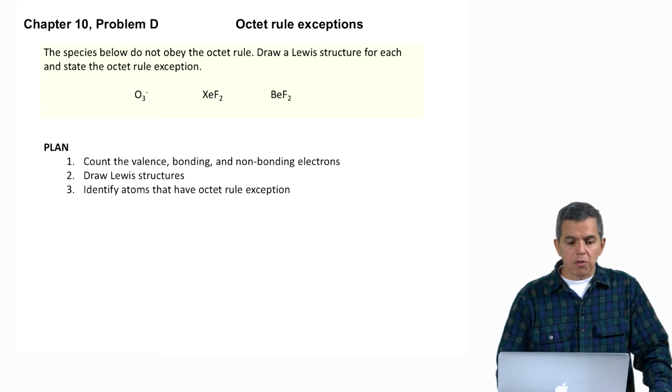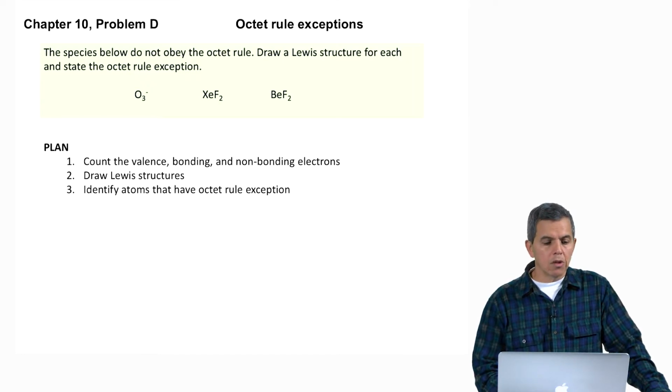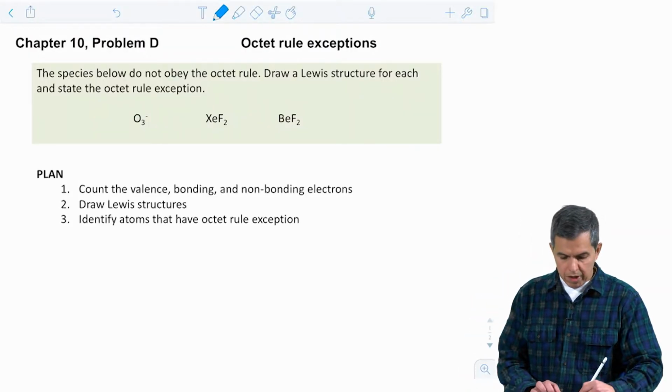The plan to solve this problem will consist of first counting the valence, bonding and non-bonding electrons of each of these structures, draw the corresponding Lewis structures, and finally identify the atoms in which the octet rule is not met. Let's begin with O3-.